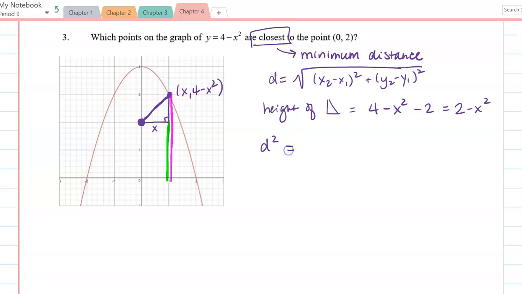So make life easy and just use Pythagorean theorem here. So you'll have x squared for this width right here, plus 2 minus x squared, squared. And that's just your right triangle. So this is what's being minimized. This is what gets to go into y1.